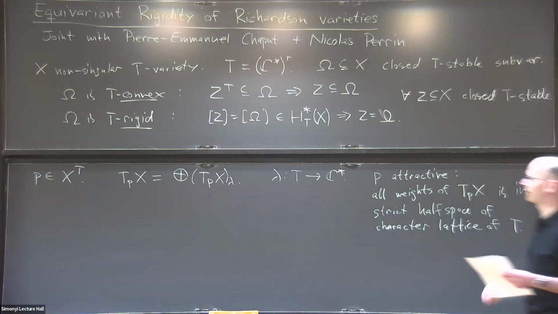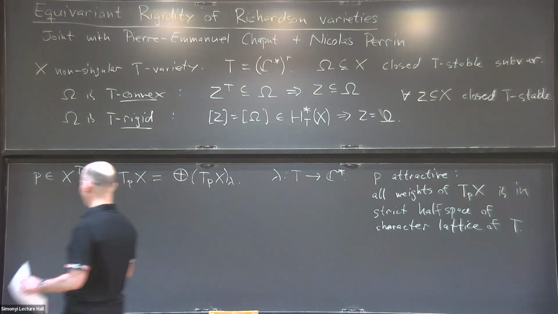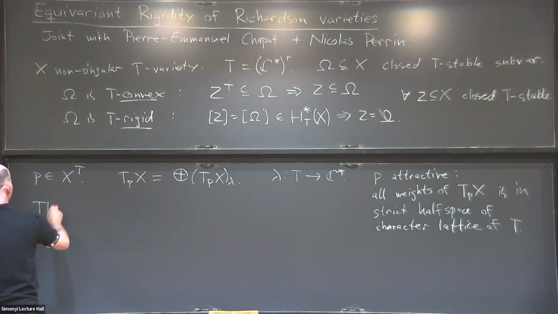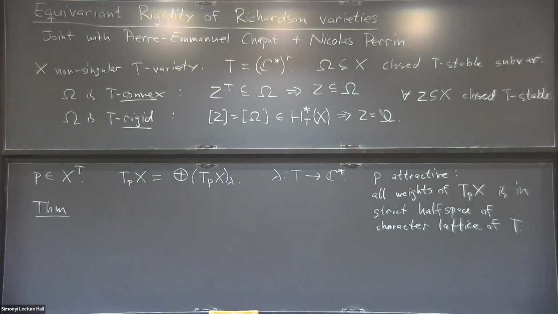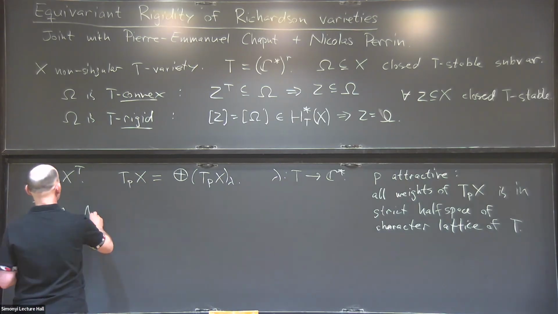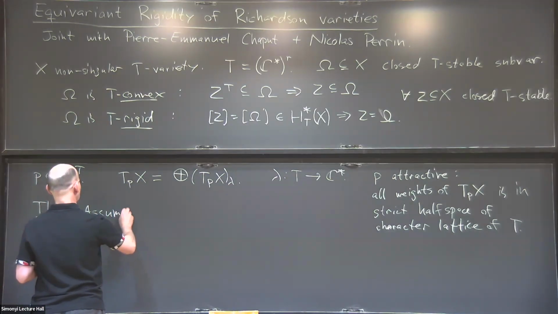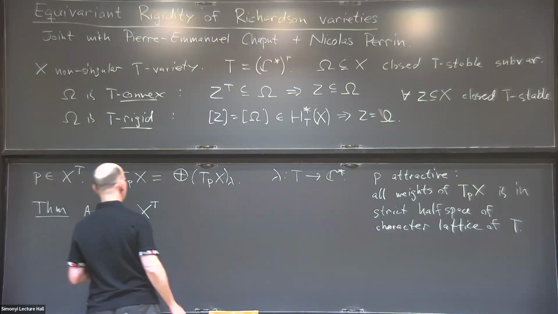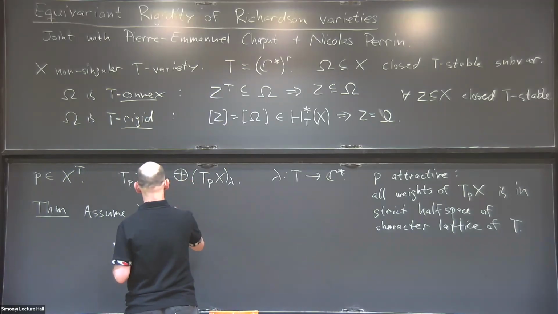And then with this definition, we have the first theorem, and today mostly theorem means easy observation that might be useful. So let's assume that all T-fixed points are attractive.